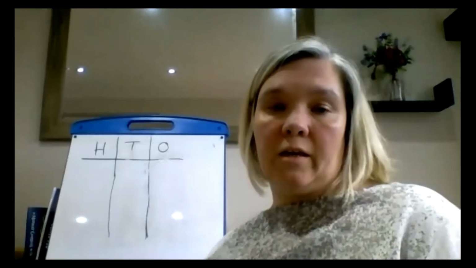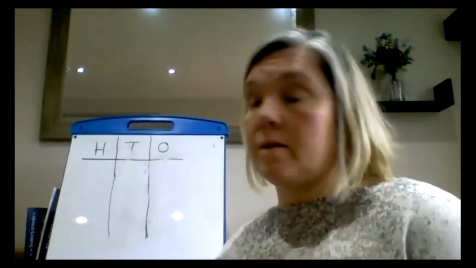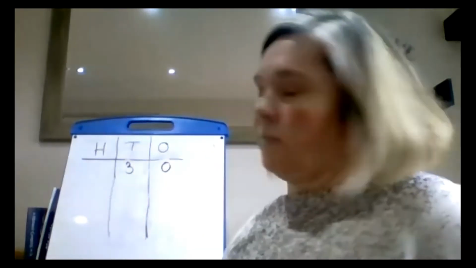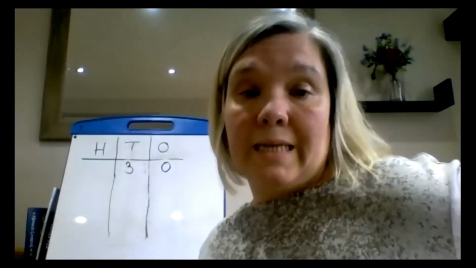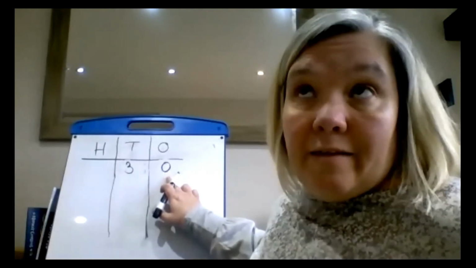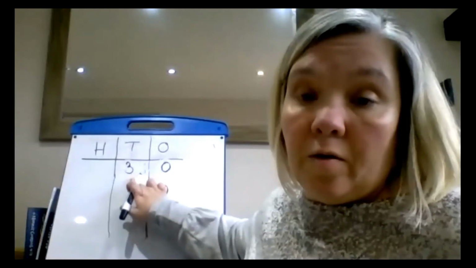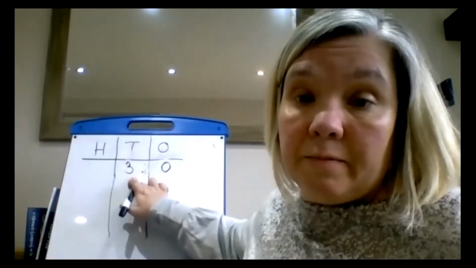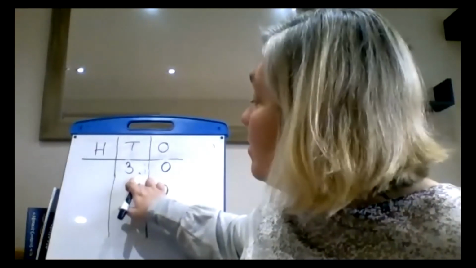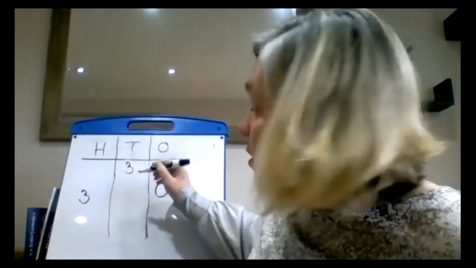Okay, so hopefully you've worked out that 3 times 10 is 30. And if you're making that 10 times bigger, 0 times 10 is still 0. 3 lots of 10 times 10, okay, 30 times 10 is 300, and put my placeholder.